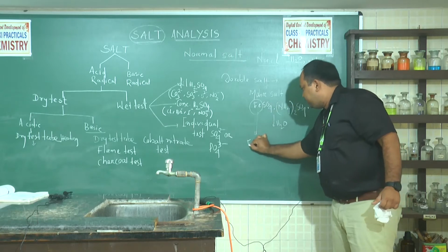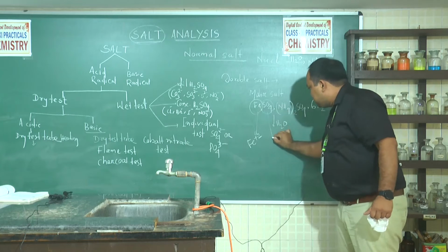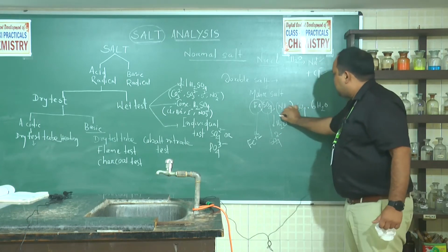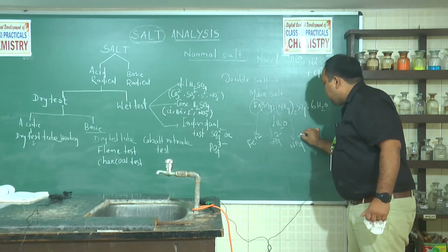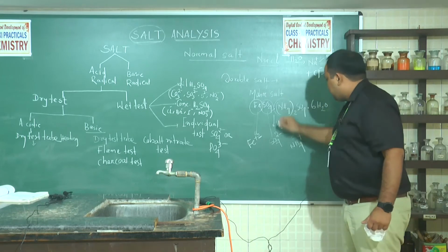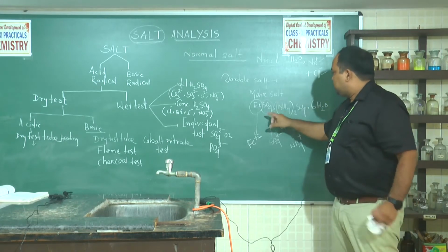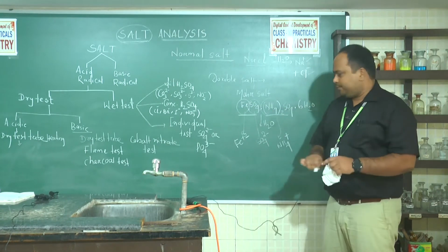You are getting Fe plus 2 and SO4 2 minus, and it is also providing ammonium ion and SO4 2 minus again. That means it is comprised of two salts, ferrous sulfate and ammonium sulfate.